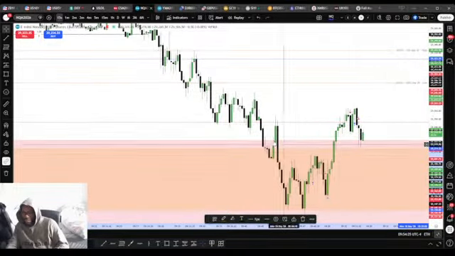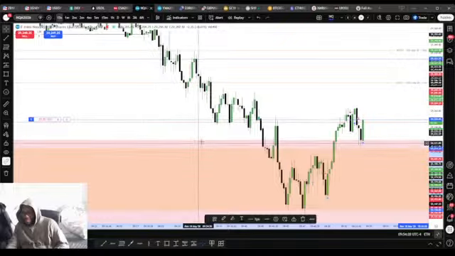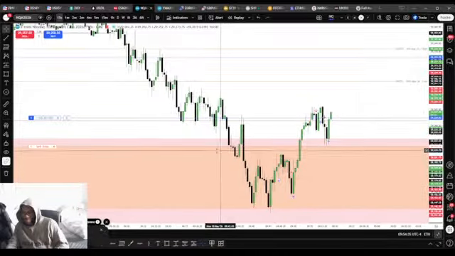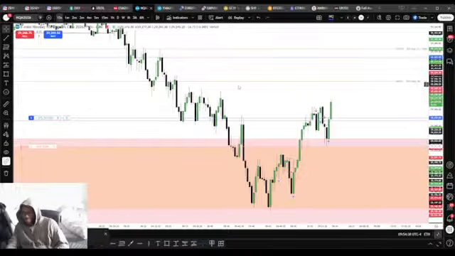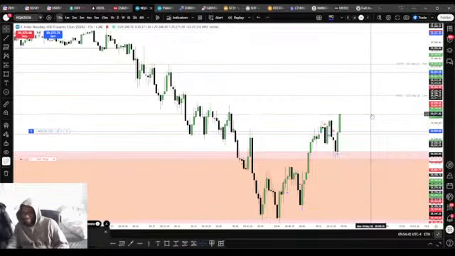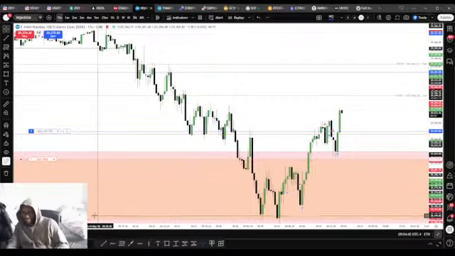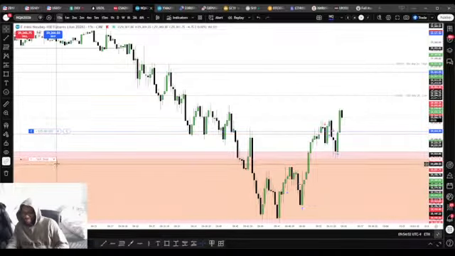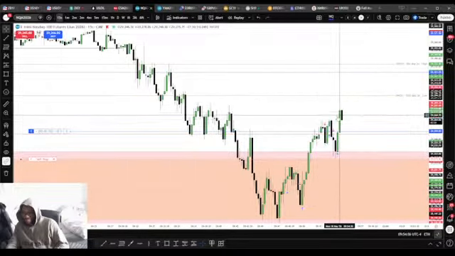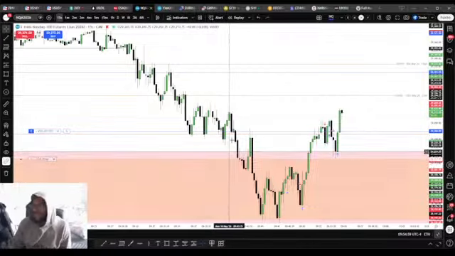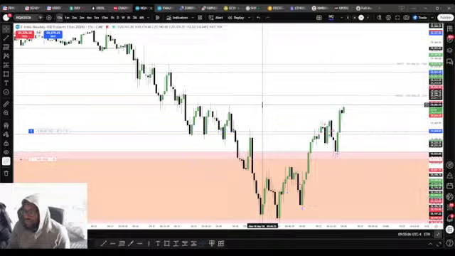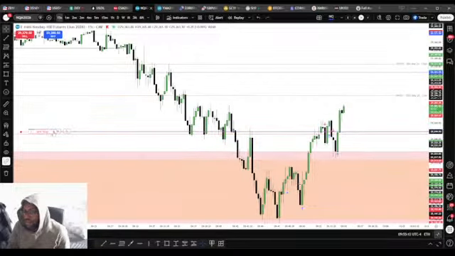Those highs, I am looking at that. Still close to break even.